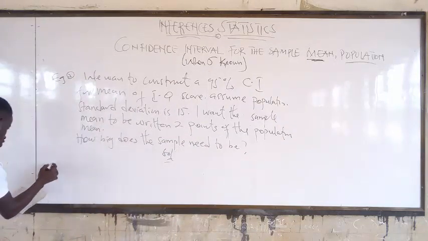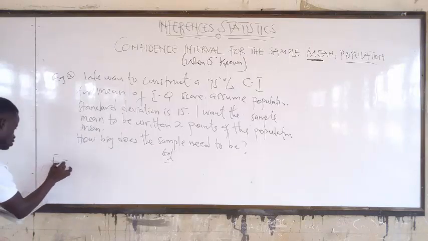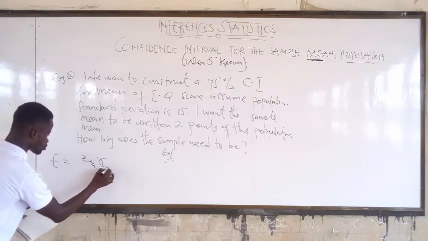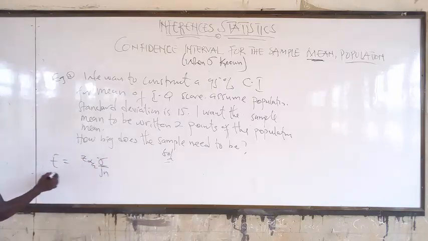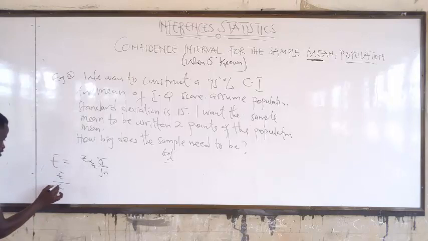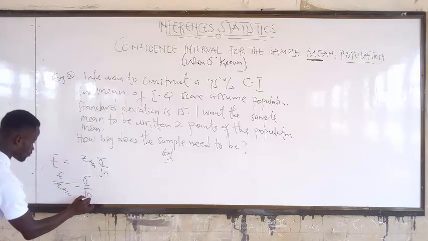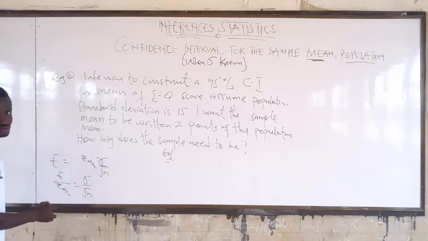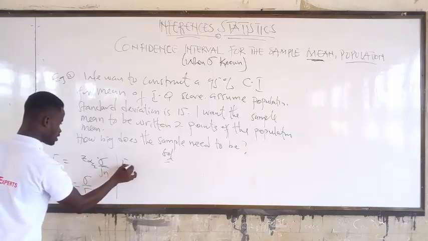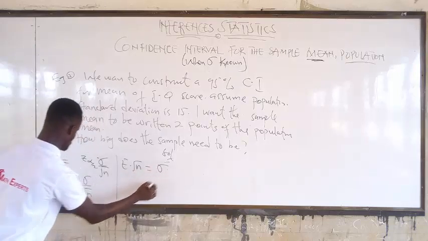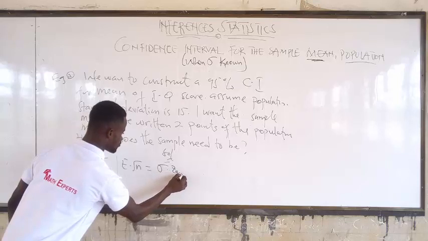Alright. So in calculating for the n, we know from the formula that E is equal to Z alpha over 2 times sigma over square root of n. So here you divide both sides by Z alpha over 2. So you get E over Z alpha over 2 is equal to sigma over square root of n. Then you try to make square root of n stand alone. So you get E square root of n is equal to, like you are doing a cross multiplication, sigma times Z alpha over 2.